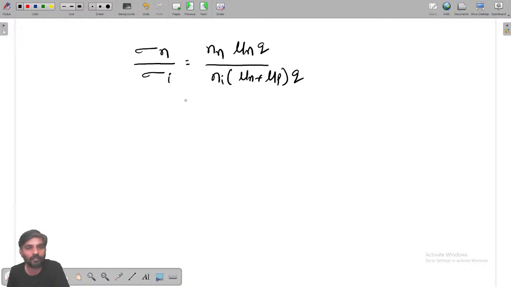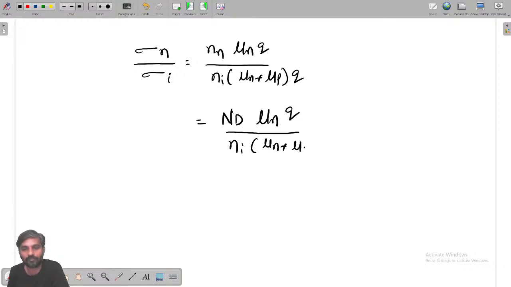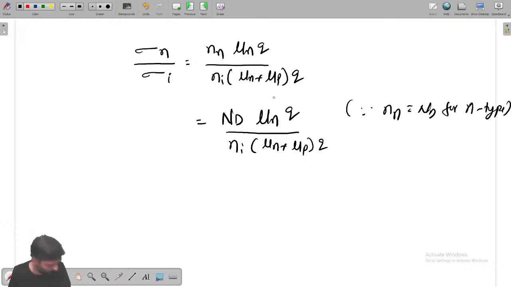I can also write this as Nd mu n q by Ni into (mu n plus mu p) into q. Why have we written this? Because n_n is equal to Nd for N-type. So what will get cancelled? q will get cancelled.